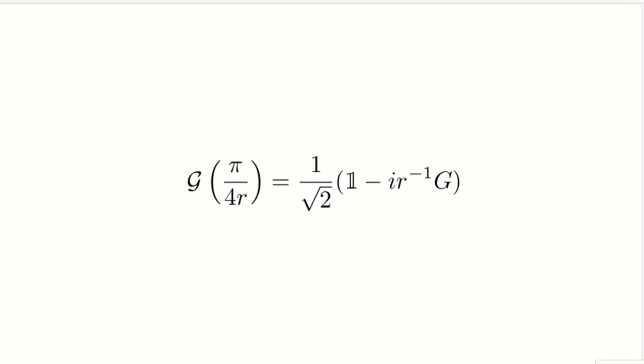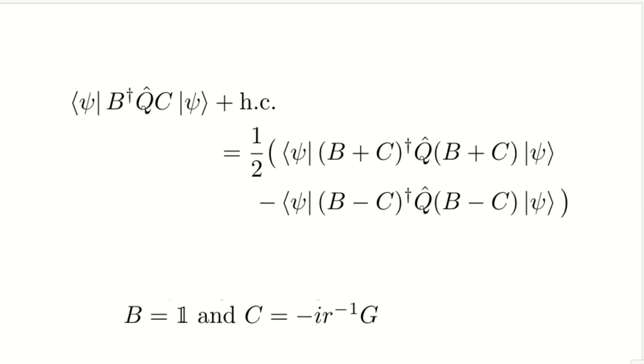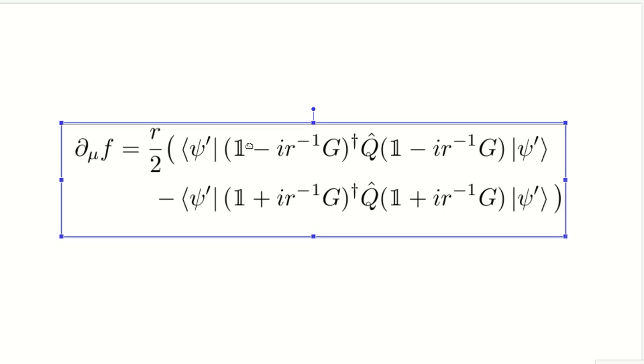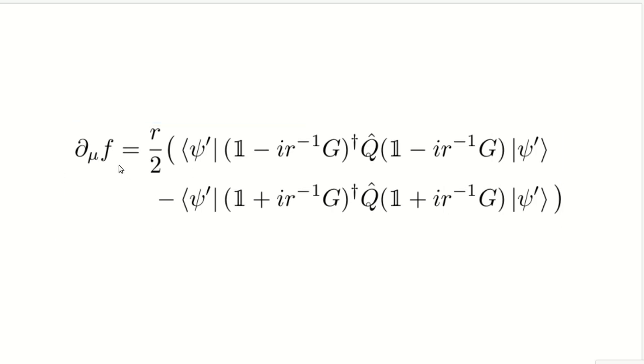So what we have shown is that the partial derivative of any function is equal to, with respect to whatever parameter value we are differentiating with, the gate which depends on that parameter value, dagger into q into that gate, minus the corresponding term.